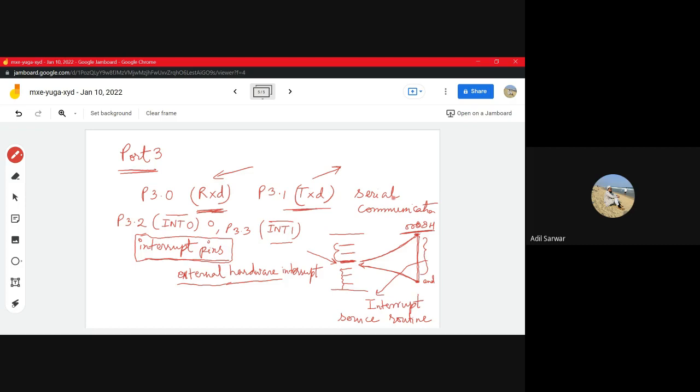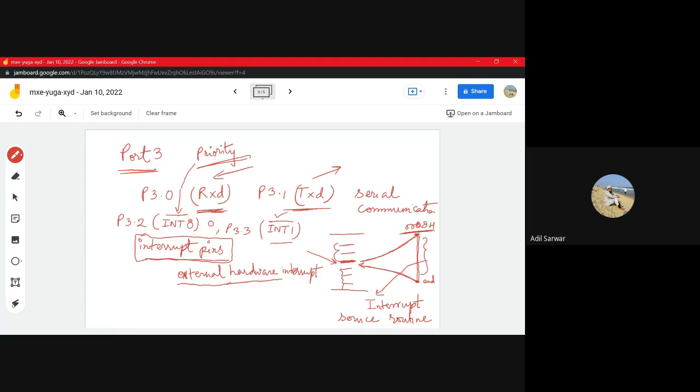One more thing: what happens if an interrupt happens at both these pins simultaneously? There may be a condition in which both INT 0 and INT 1 receive the interrupt at the same time. Then we have a feature in the 8051 called priority ordering or priority setting, and INT0 has higher priority than INT1.